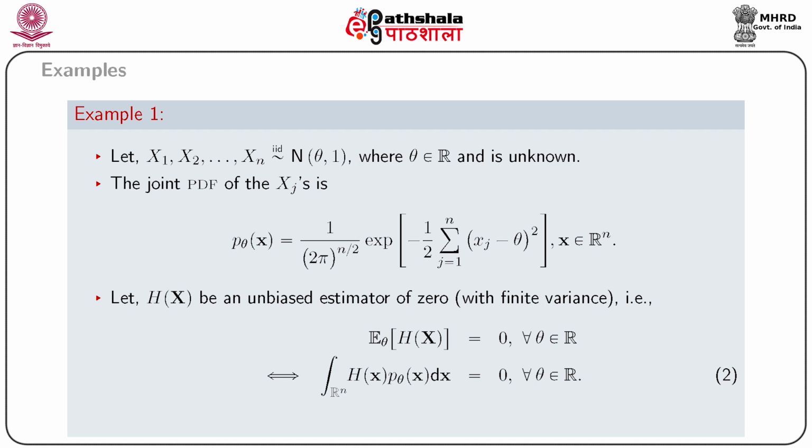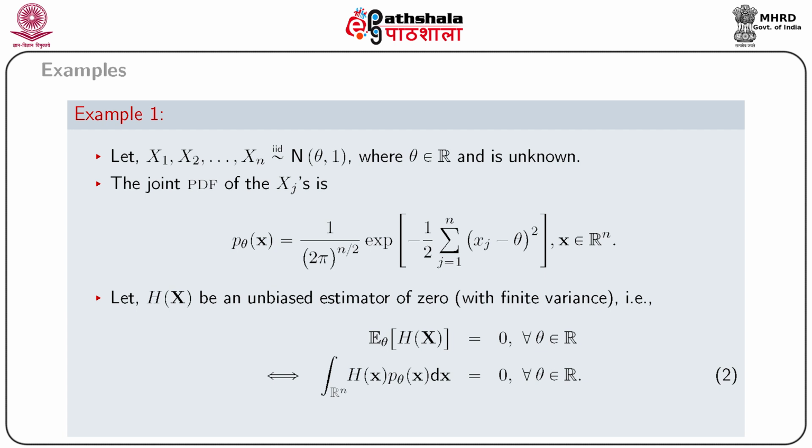The joint PDF of X1, X2 up to Xn is given by f theta of x equals 1 by 2 pi to the power n by 2 into e to the power minus half summation over i from 1 to n of (xi minus theta) whole square, xi belongs to the real line for all i.